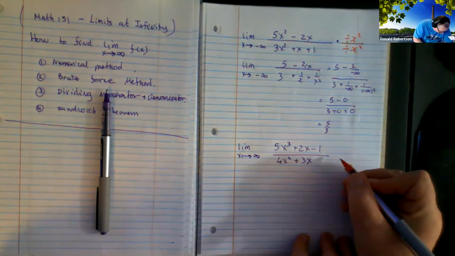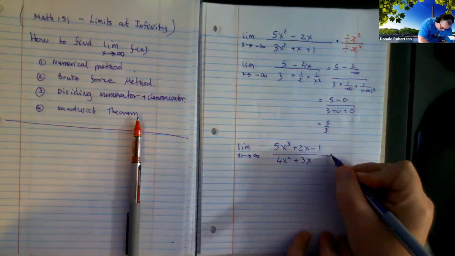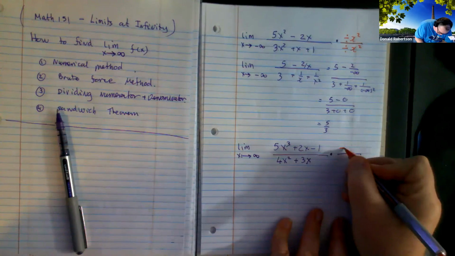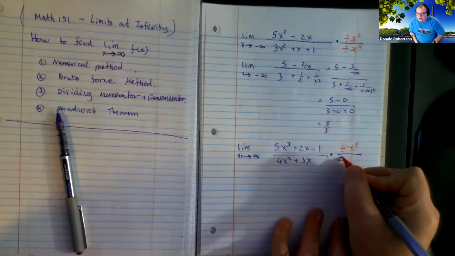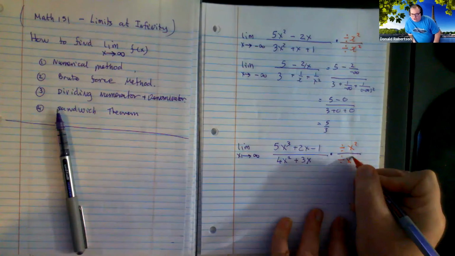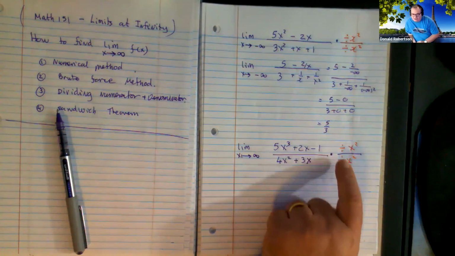It works both ways, but I am going to choose x squared instead of x cubed. And then I'm going to do this question where I divide the total by x cubed and show you get the exact same answer.